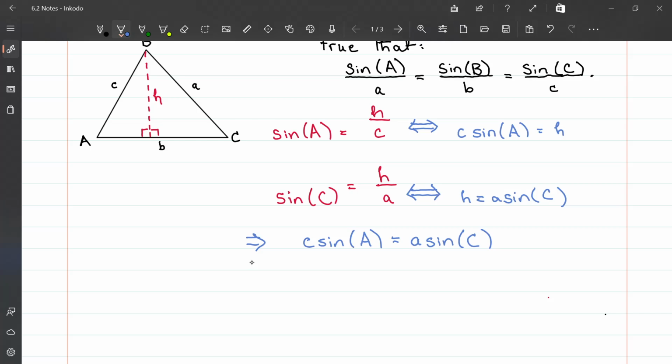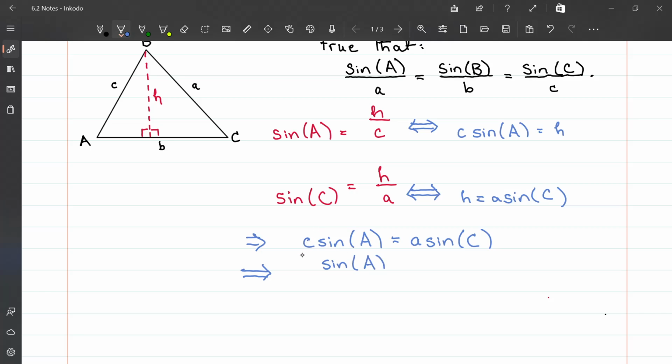And now, using what I know about equations one more time, I can go ahead and divide both sides. First, I'll divide them by c, and then I'll divide by little a. And if I do that, I wind up with the following fraction equation.